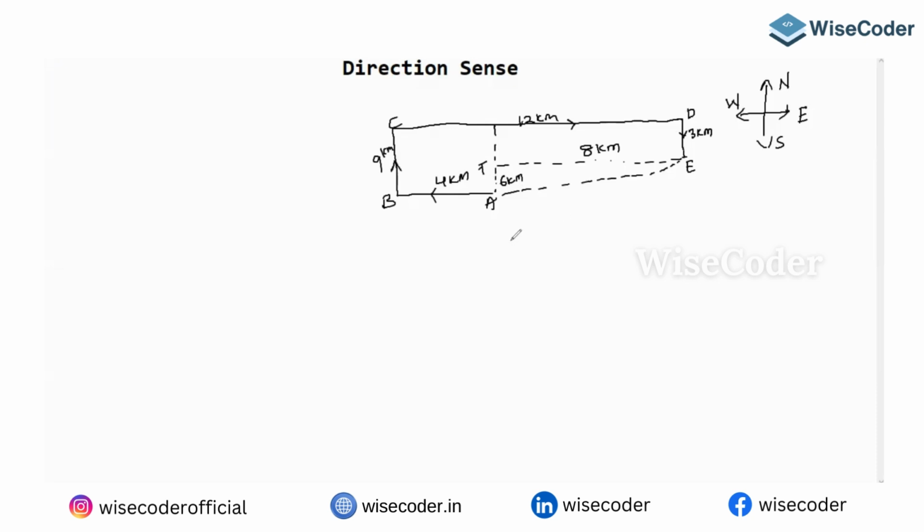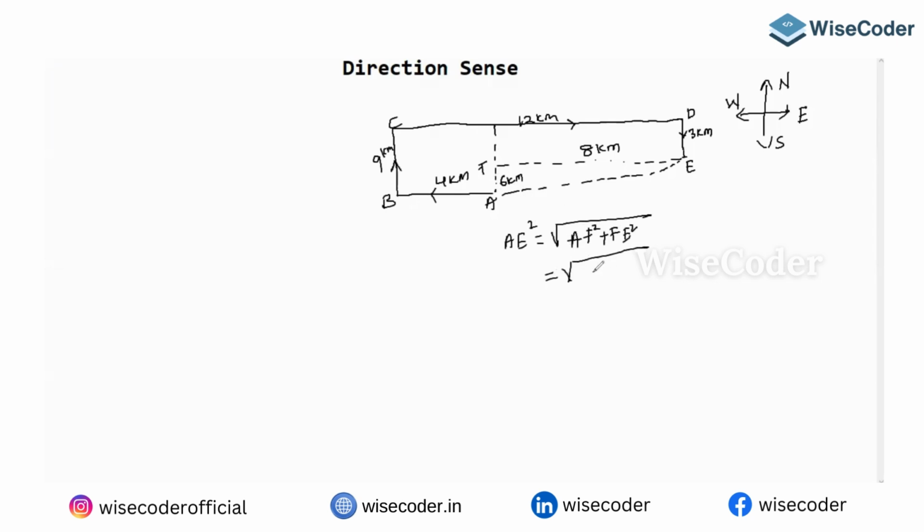So you want AE. AE square equals AF square plus FE square. So AE is the square root of AF squared plus FE squared.